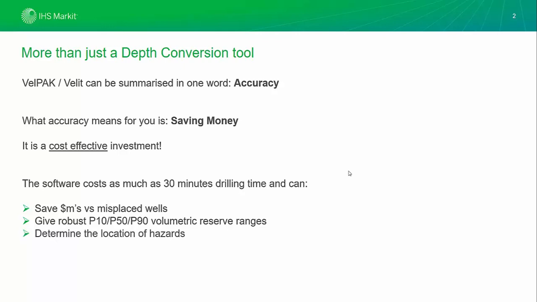And then lastly, we can accurately determine the location of hazards in depth. So the key thing here is the potential avoided health and safety costs, which again can potentially sink companies, but we won't go into too much more detail.